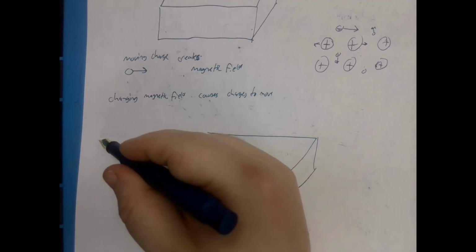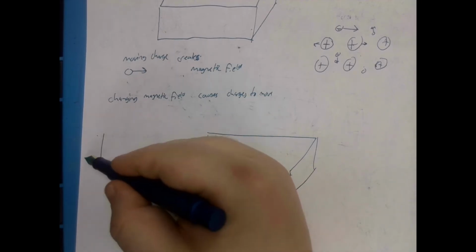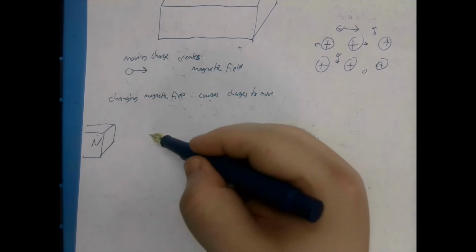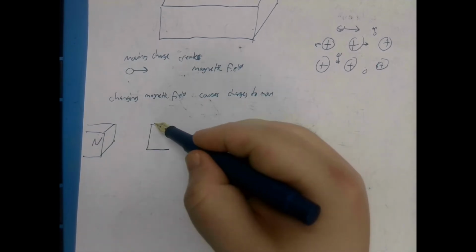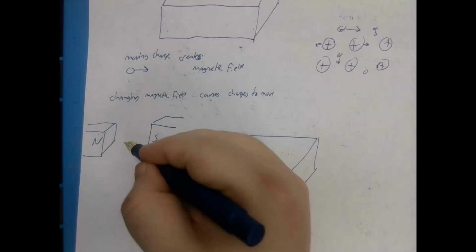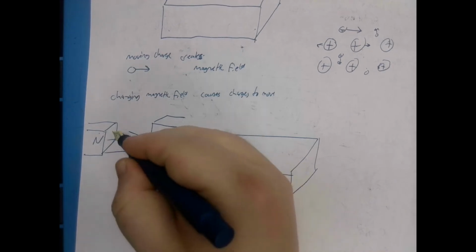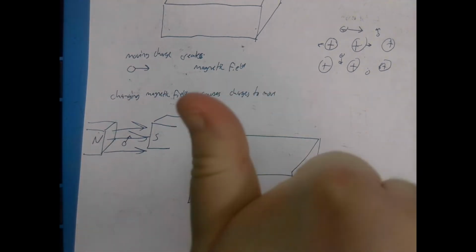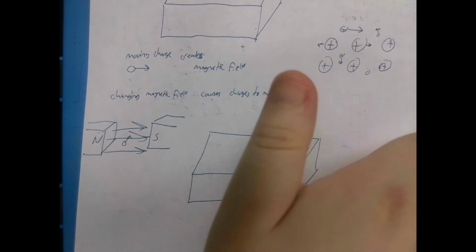So if we have a north here, a south here, and we have a charge that is moving in this way, so the magnetic field is going this way. Then point my fingers in the direction of the moving particle, my thumb in the direction of the field.